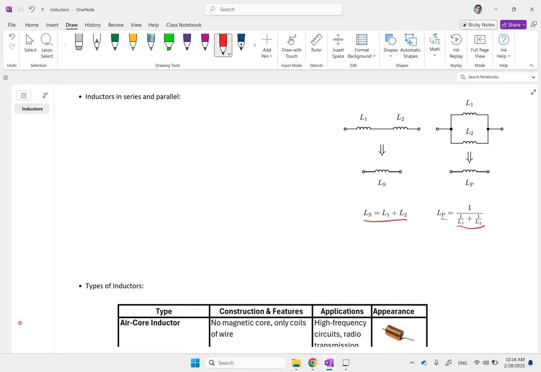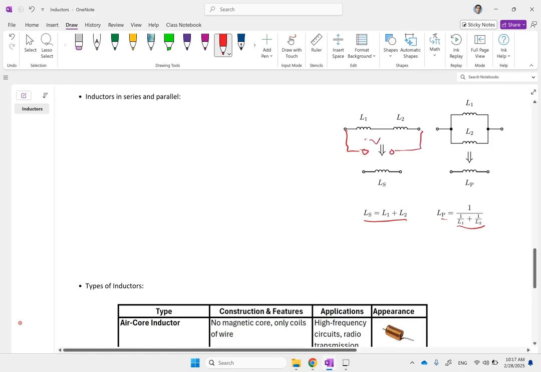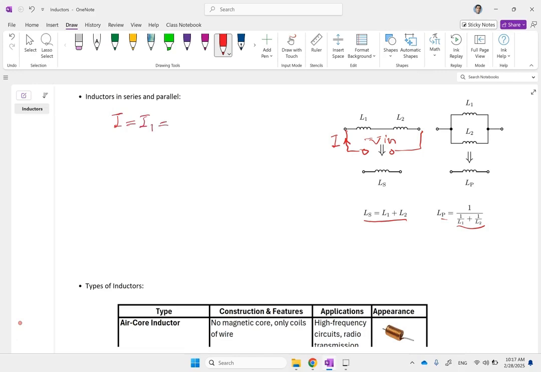So they act similar to resistors, and it is quite clear why, because if I connect them to a voltage source, any voltage source, let's use a general V in, and then there is I that goes through them, you know that I1 and I2 in this case are going to be the same. So I equals I1 equals I2 because it's a series connection.